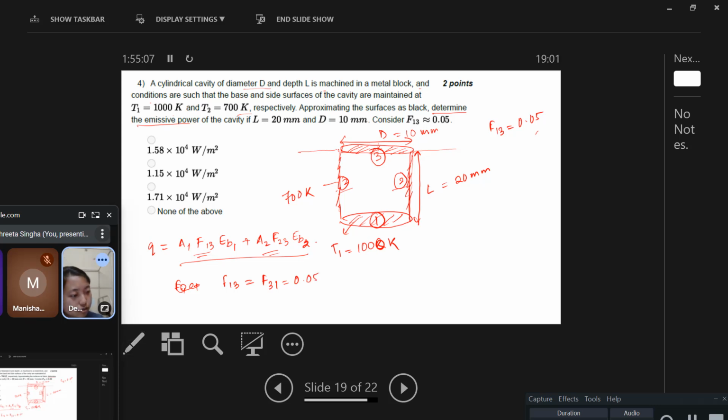Why are they the same? Because both are parallel: this disk F1 is parallel to this F3, and they are of the same area. Just by looking at the geometry you can say whatever A1 is emitting, A3 is receiving, and whatever A3 is emitting, A1 is receiving.